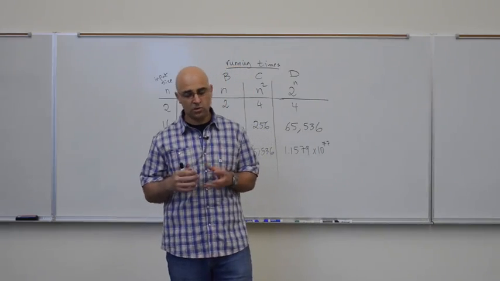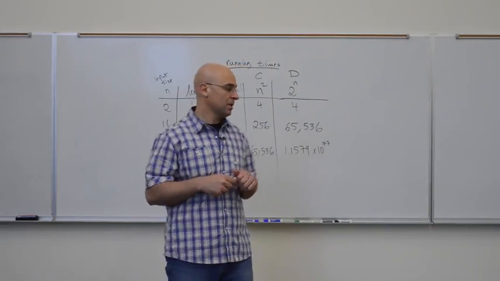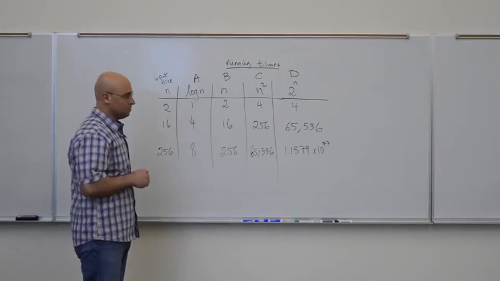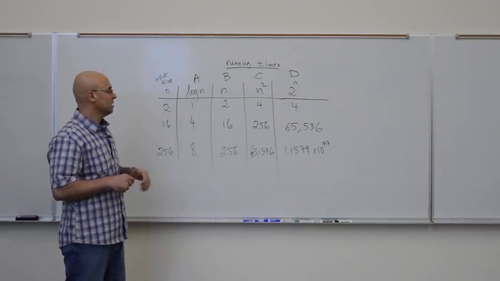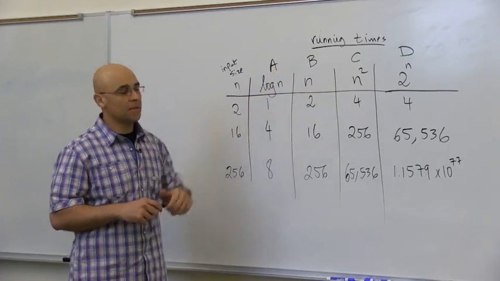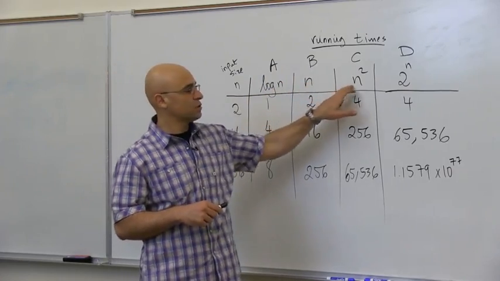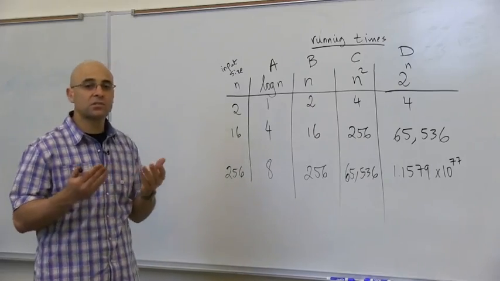And the fourth student told me that her algorithm runs in 2 to the n time. Okay? So here on the board, I'm showing a table illustrating these 4 functions of running times for the 4 algorithms A, B, C, D. Again, one algorithm takes log n, the other takes n squared, 2 to the n. And I want to look at how these functions grow.